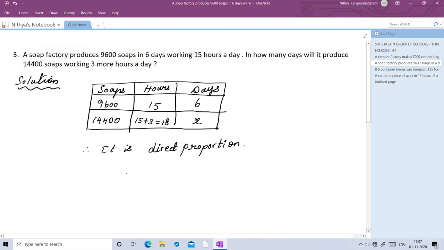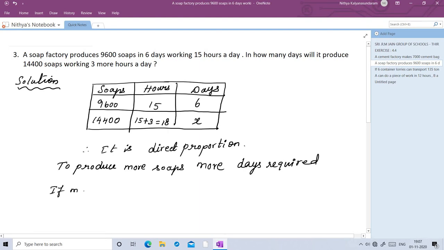If more hours are spent, fewer days are required. Therefore, it is an indirect variation.